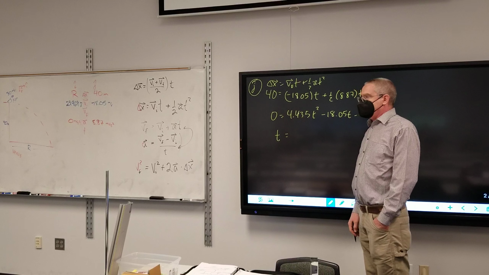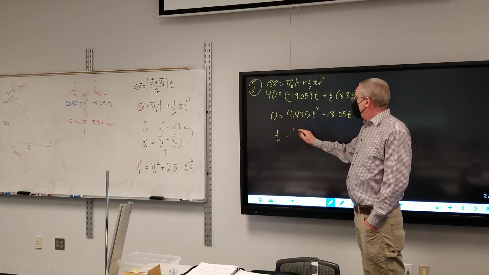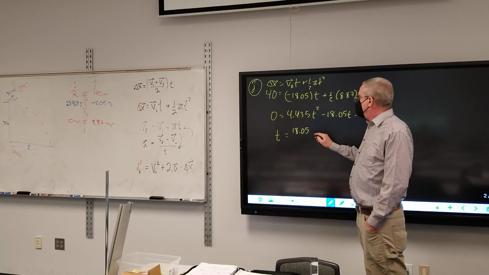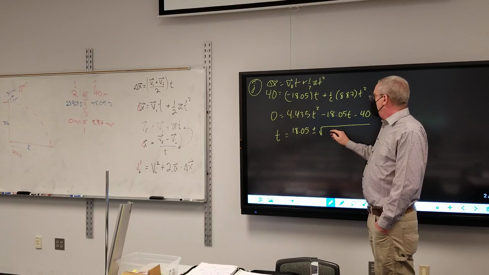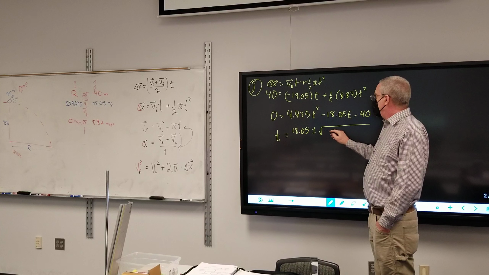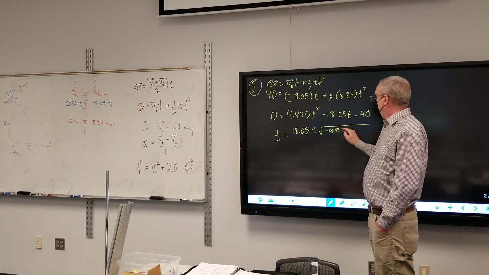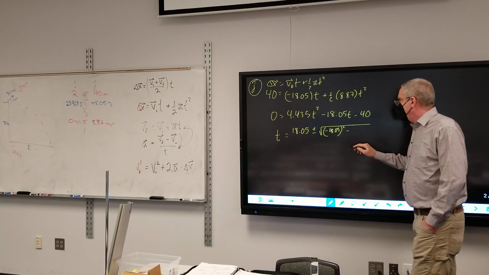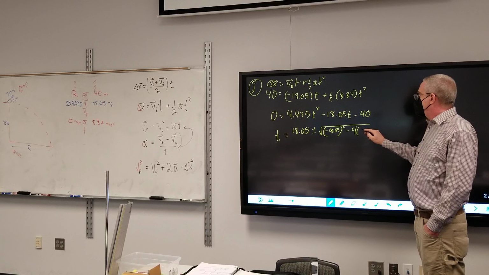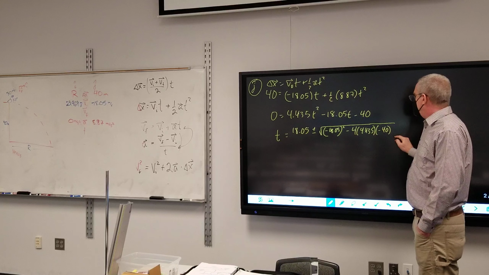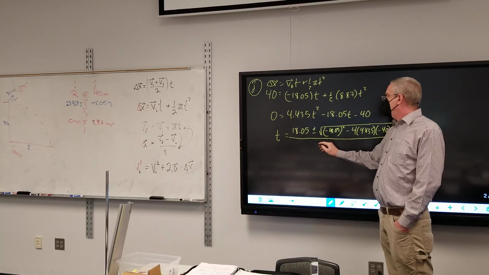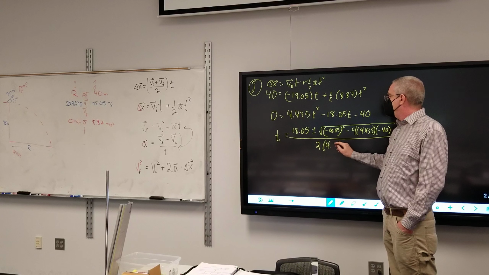So t equals 18.05 plus or minus the square root of negative 18.05 squared minus 4 times 4.435 times negative 40, over 2 times 4.435.